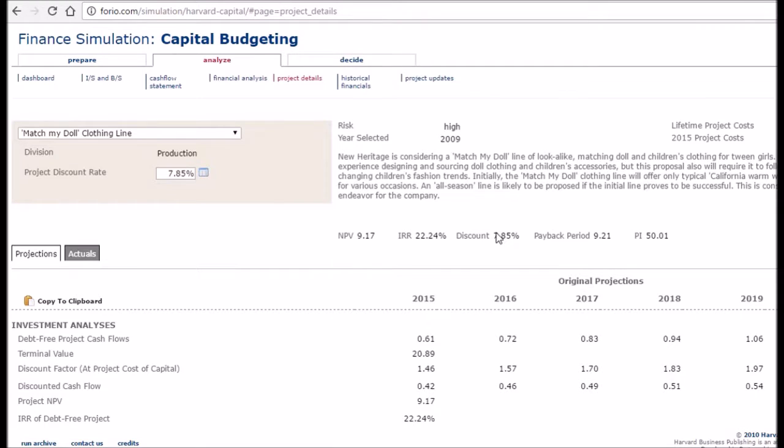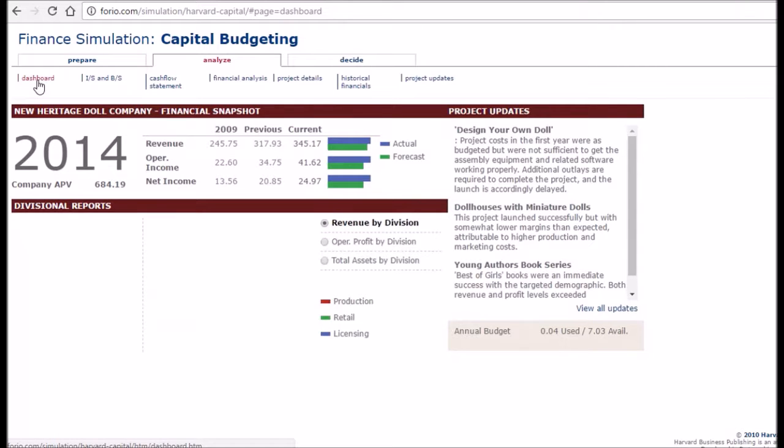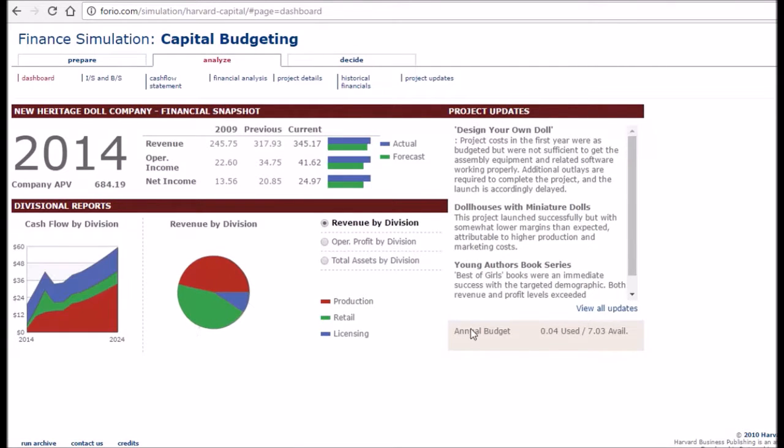So then for capital rationing on investment, I went back to my dashboard here, and I took a look at my annual budget, and this helped me to determine the amount of money I had used and what I had left, just to be able to manage my money in a better way.